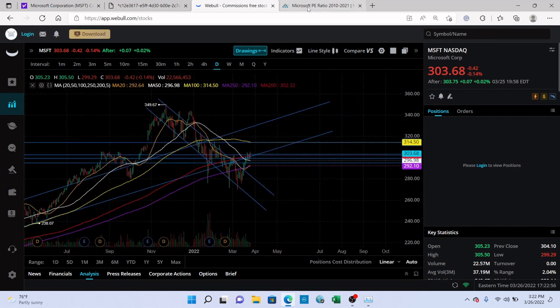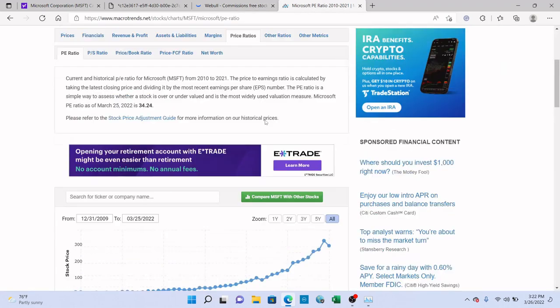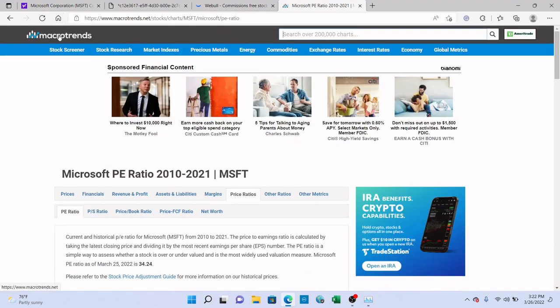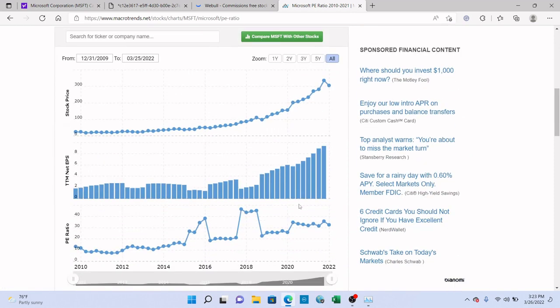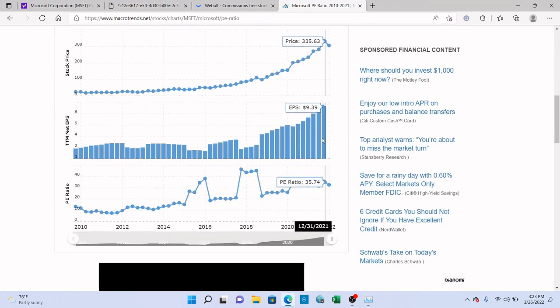So that's the technicals. Now I do want to point out there's this amazing website. It's called macrotrends.com. And you'll just type in Microsoft. You'll go to price ratios and you'll look up a PE ratio. So what this does is that it gives us diluted EPS and it calculates the PE ratio for us.